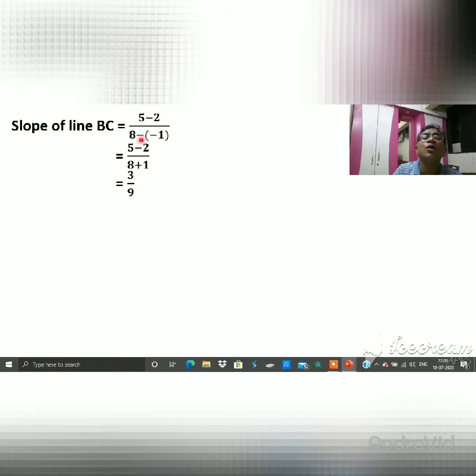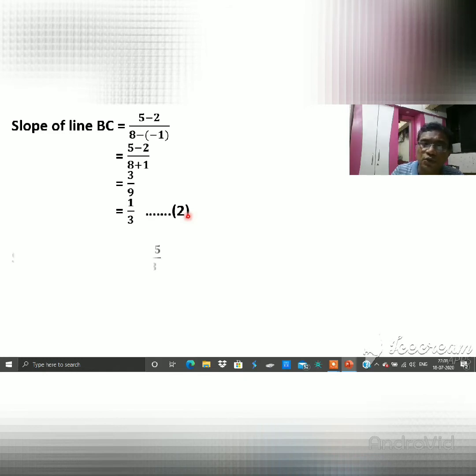Because there is a negative sign outside the bracket, the sign of the number inside the bracket changes. If it is minus, it becomes plus. So minus 1 becomes plus 1. 3 1s are 3, 3 3s are 9. So 1 upon 3. This is equation number 2.